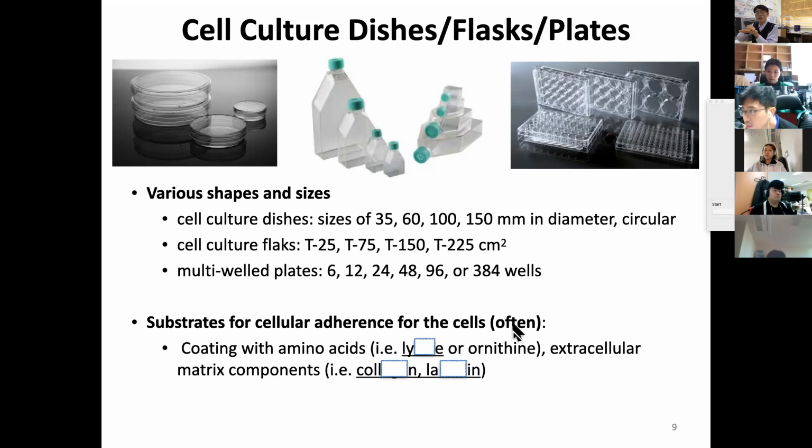They like to grow on the bottom surface. Sometimes the cells may not grow well while touching these plastics. Many transformed cell lines can grow very well, but especially with primary neurons, they don't like this.